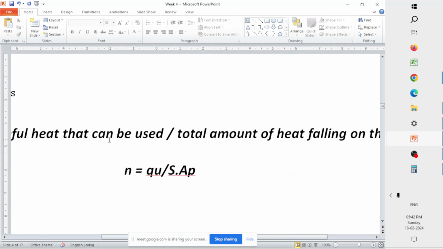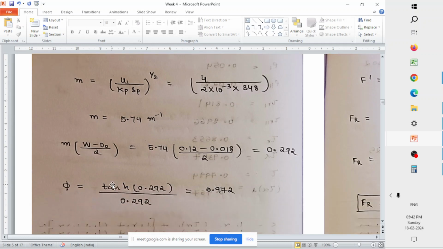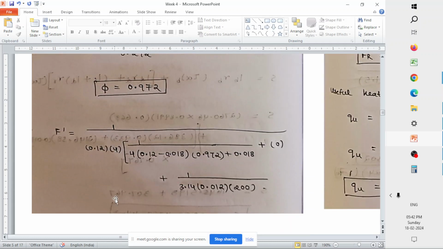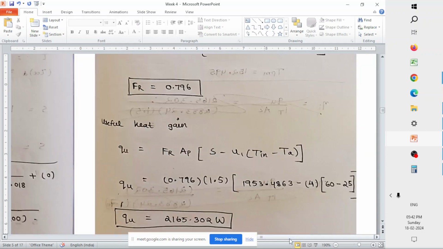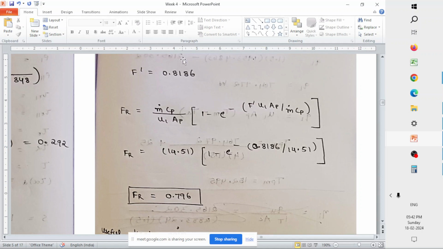So if you substitute all the values as given in the question and then calculate, your F dash value will be around 0.8186. You can also calculate and check to verify whether the value is 0.8186.